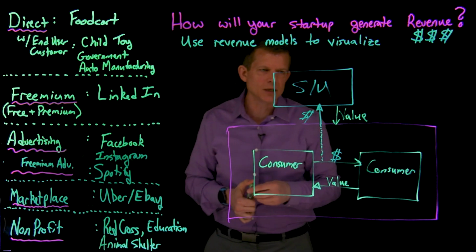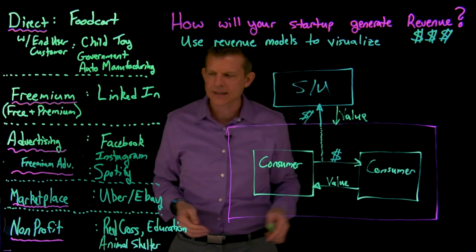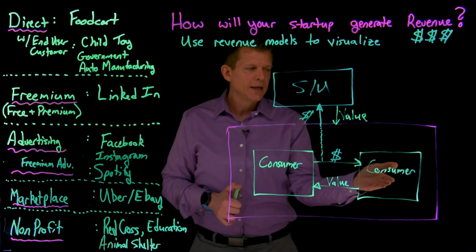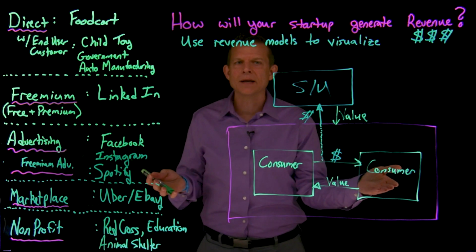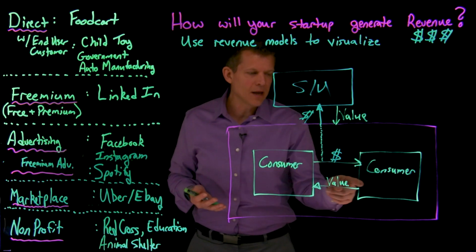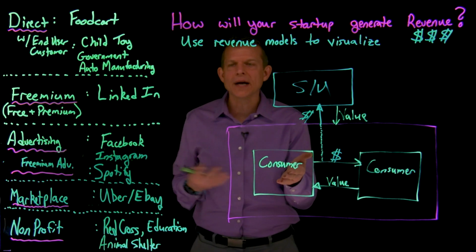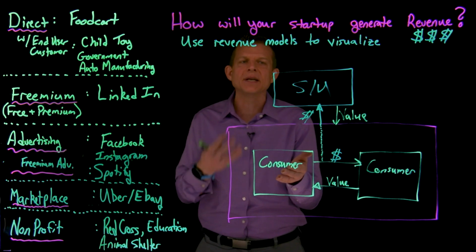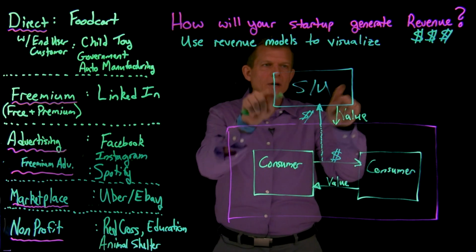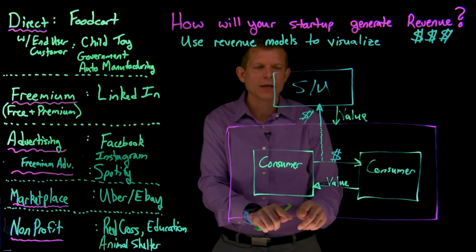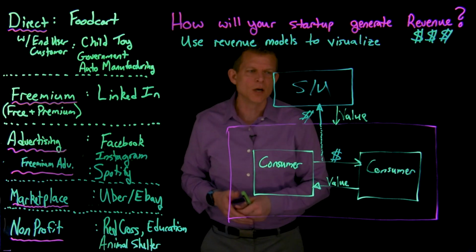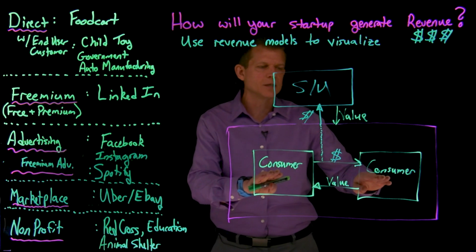That could be a commission, it could be an entry fee, or something like that. So let's just take Uber as an example. This consumer is somebody who wants to drive their car around town, make a little extra money, and by providing a ride to another consumer out there who doesn't want to take a taxi, but instead wants to get from point A to B and use Uber. So Uber comes along and creates this marketplace, which is really through their application on smartphones, where this consumer and this consumer connect.